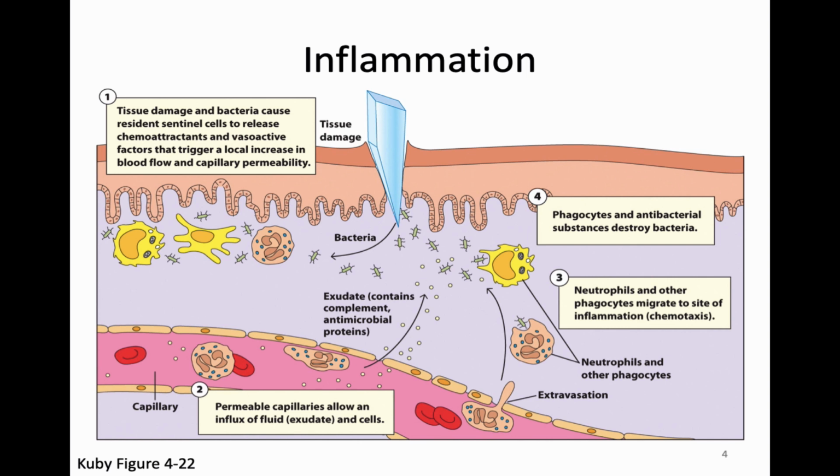These are known as the 4 cardinal signs of inflammation, and they are redness or rubor, heat or calor, pain or dolor, and swelling or tumor. And so today you will see how those cardinal signs of inflammation are induced throughout this process.